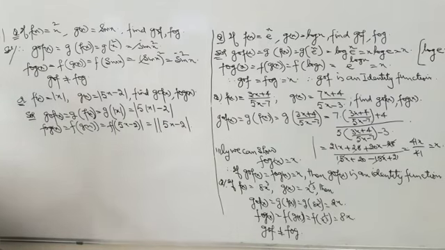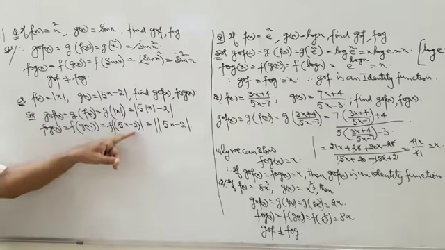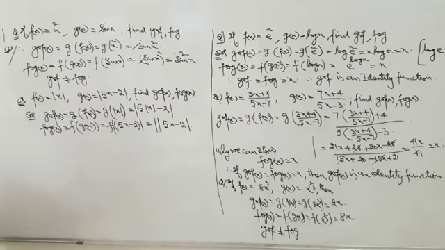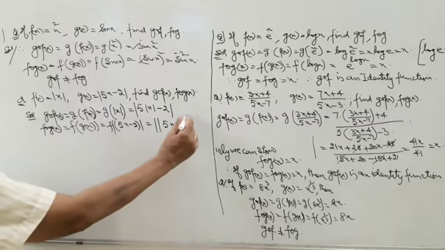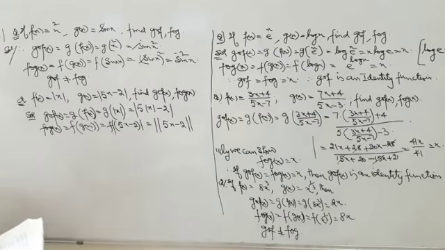See, here check this, f(x) is modulus x. So instead of this x here, I shall replace this modulus 5x minus 2. So it is like this. Check out. Say one more question.